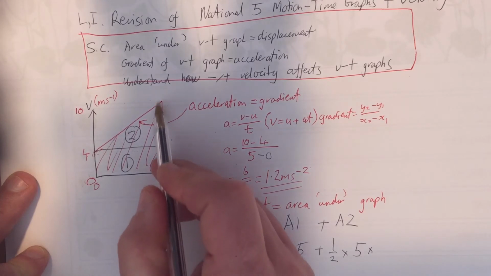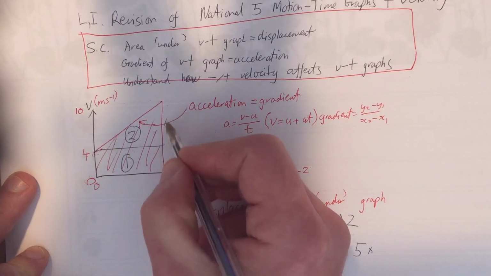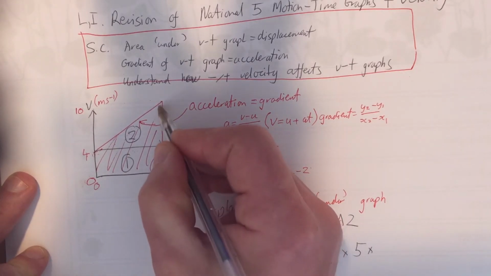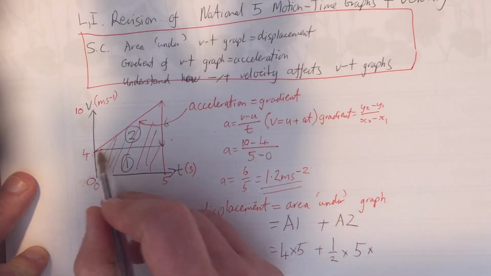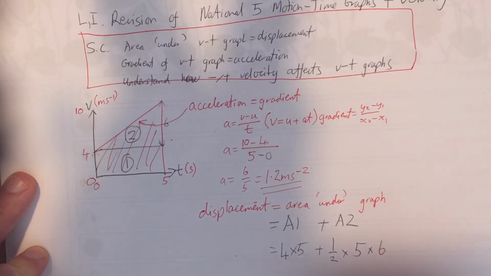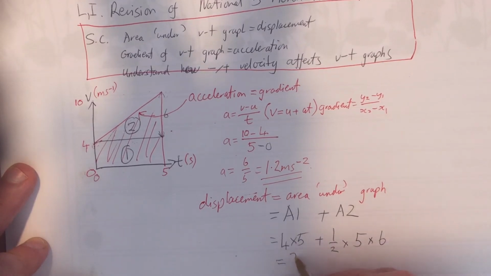Remember, we're only looking at this height in here. So this will be 6 from here to here, so times 6. If we multiply them out, do the sums, it's 20 plus a half of 5 times 6. Well, 5 times 6 is 30, half of that is 15, and that equals 35 meters.